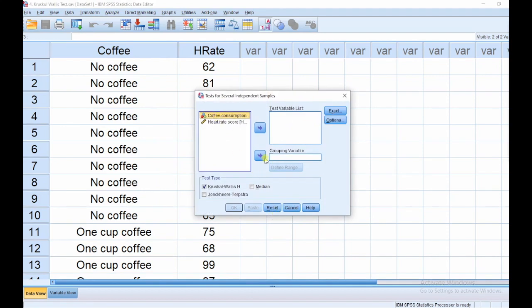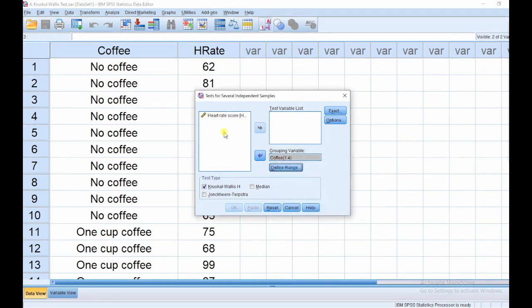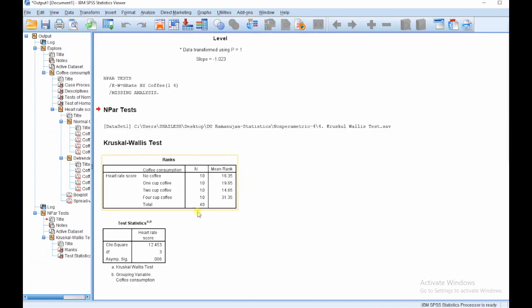Coffee consumption is transferred to the grouping variable, define range with minimum 1 and maximum 4. Continue. Heart rate score is transferred to the test variable, and by default the Kruskal-Wallis test is selected, you can see here. Then OK, and after OK we will see the result.